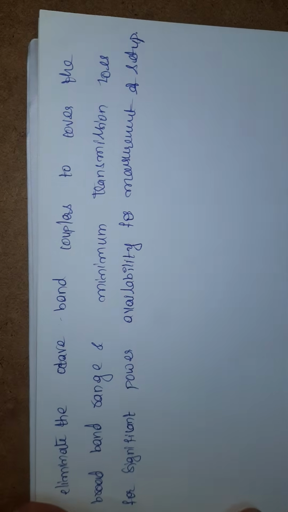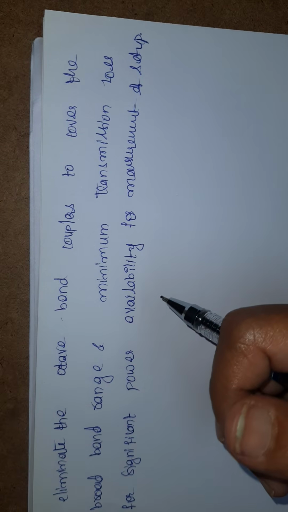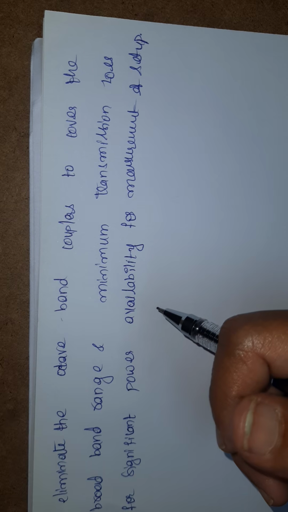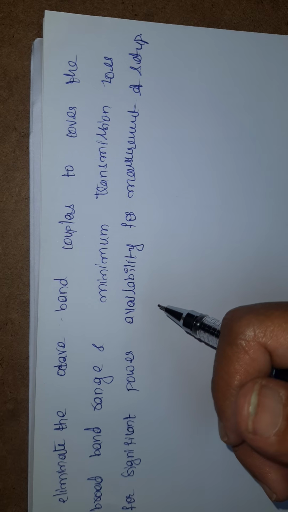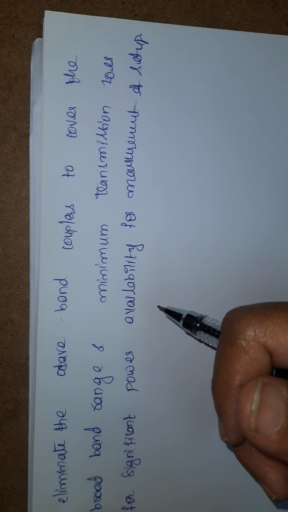So the parameters to describe the performance of a directional coupler are: first coupling factor, second directivity, third isolation, and the remaining three are standing wave ratio, frequency band, and transmission loss.